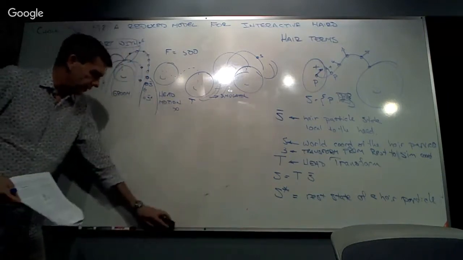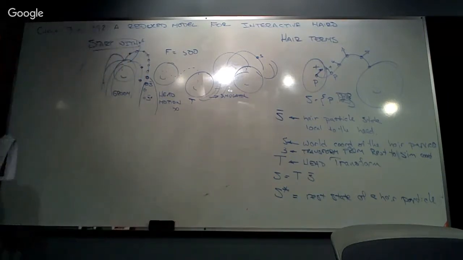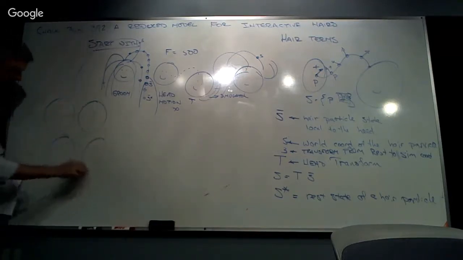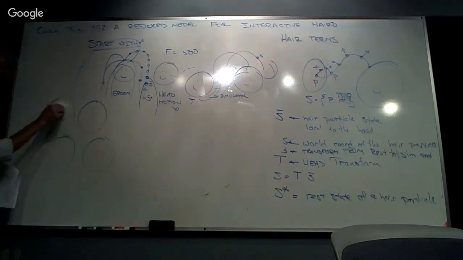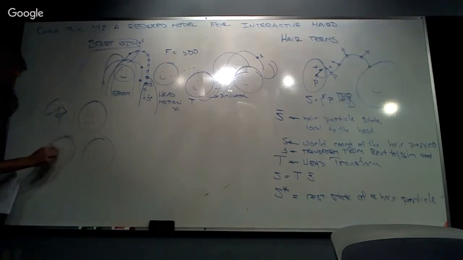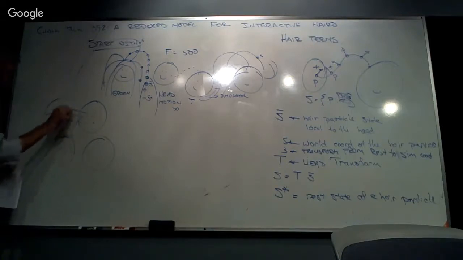At the end of all this, what do we have? We have clusters of hairs, a whole bunch of hairs in here that have connections between them, and a whole bunch of hairs in here, and a whole bunch of hairs in here, and we have these connections between these guys, and it goes all over the place.